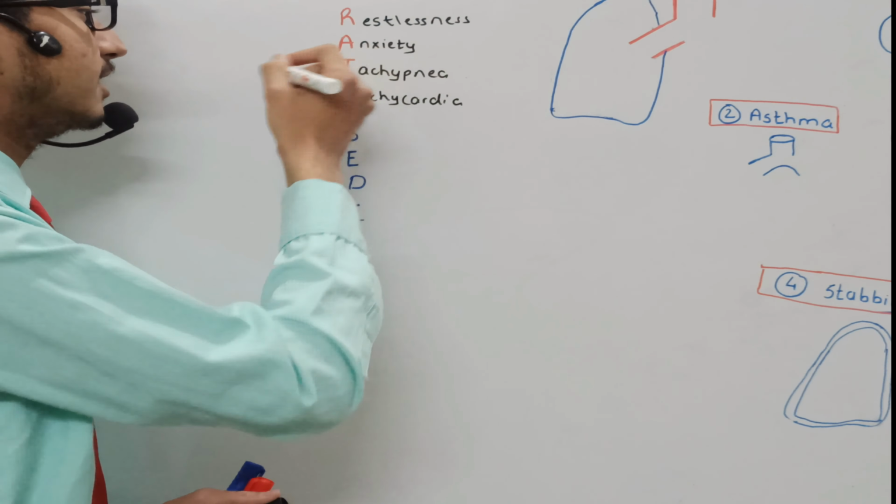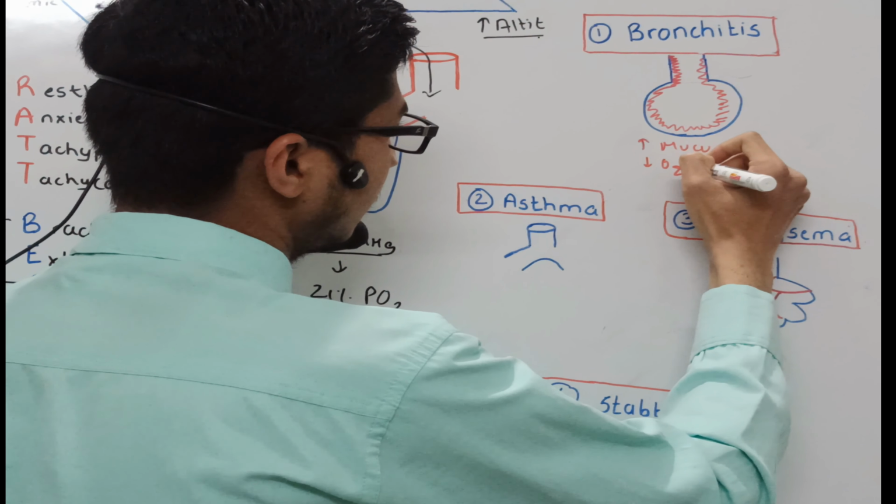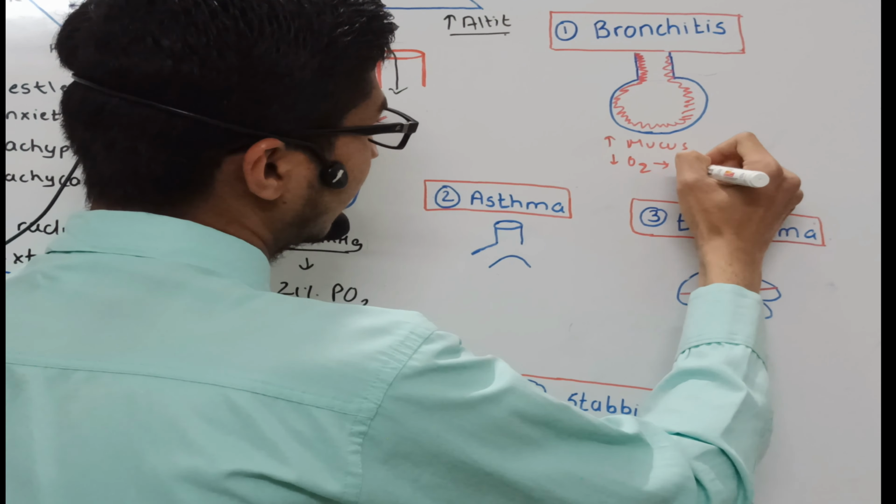Increased mucus. What happens next? The amount of oxygen coming from the atmosphere is the same, but due to the mucus production, the oxygen reaching the alveoli decreases. So oxygen decreases, ultimately the exchange becomes affected, leading to hypoxia.